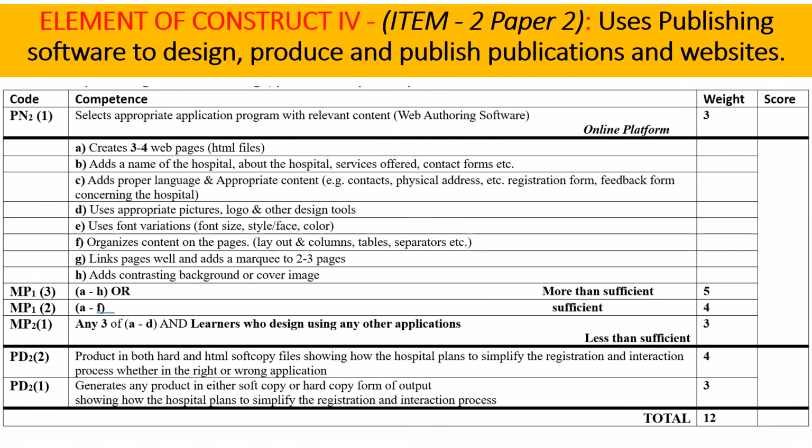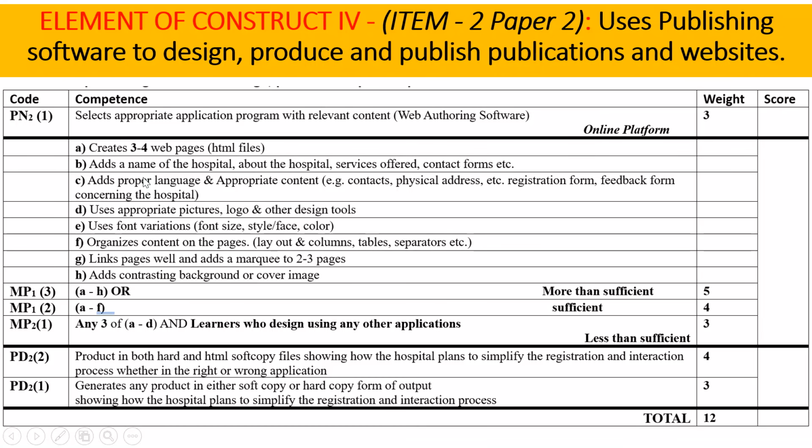Now, whether you are doing an online platform or an offline document, there is a score sheet. So the score sheet here we consider planning. Under planning, have you used the right web authoring software to create an online platform? And then you must create 3 to 4 web pages.